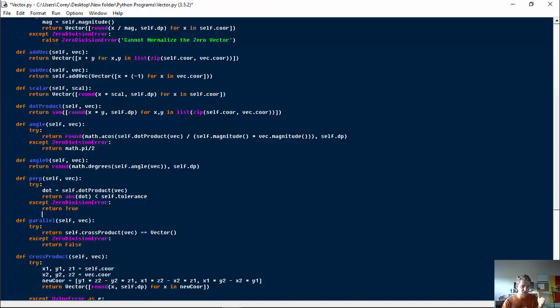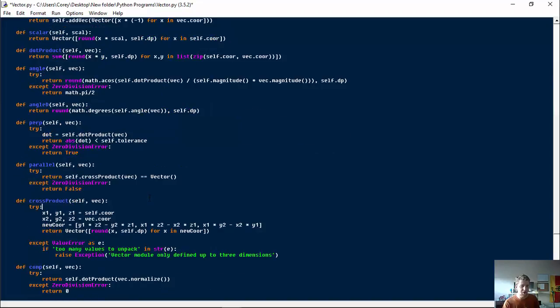If that ever slipped through, I would just catch it and return true, because if I'm dividing by 0, it means the magnitude of one of them was 0, and I automatically know that one of them is the zero vector, and so I know they're perpendicular because the zero vector is perpendicular to everything. That's a remnant of that. That doesn't really need to be there anymore because there's no errors. Just going to leave it there for now because I don't want to risk taking it out and throwing it in the air until I get time to test it.